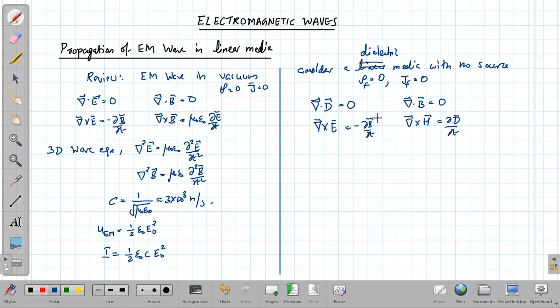Now when we go to the linear media, what would happen? For linear media, again with rho f is 0 and J f is 0, we can write D as epsilon times E. Now what is D here? Here D is epsilon 0 E plus P. And what is H?